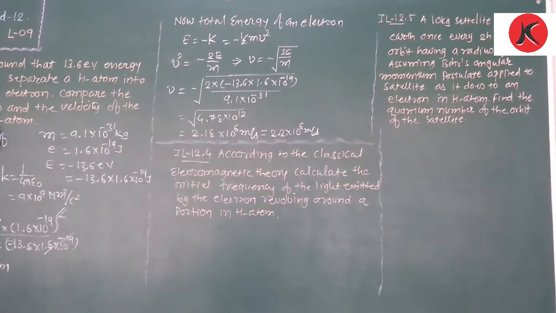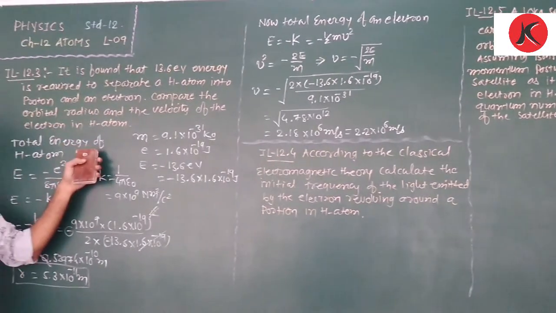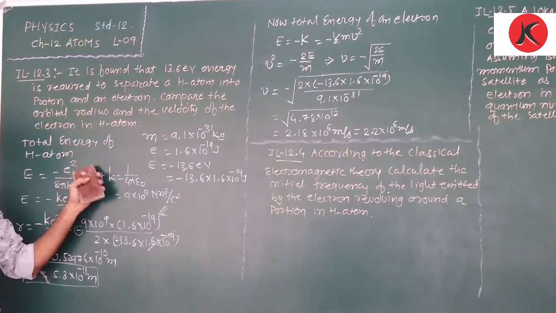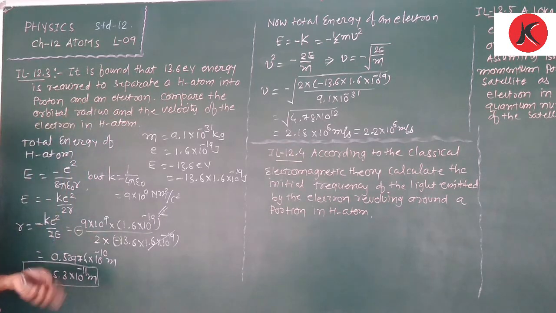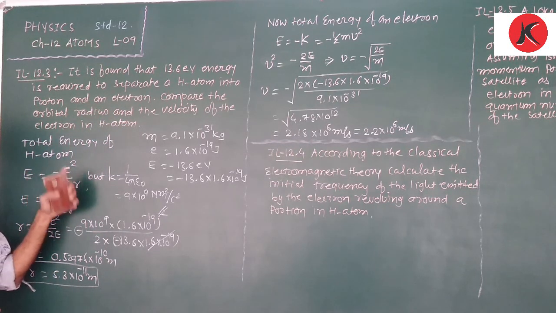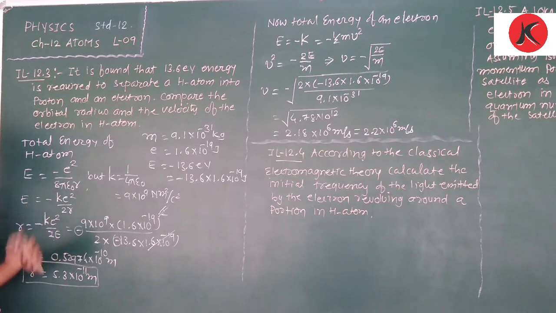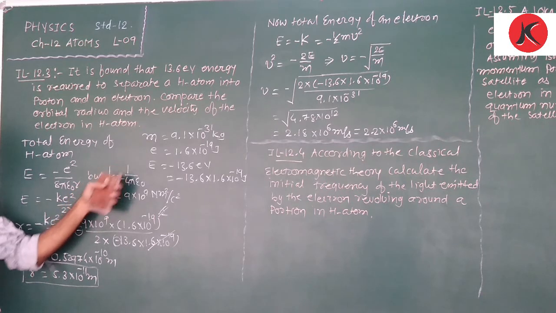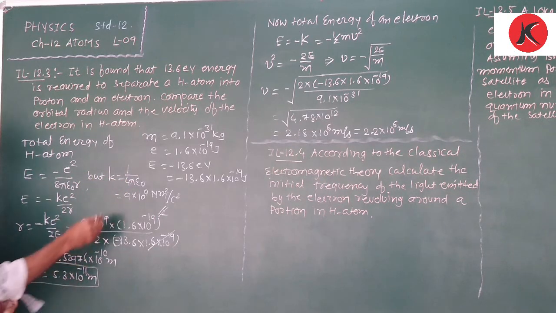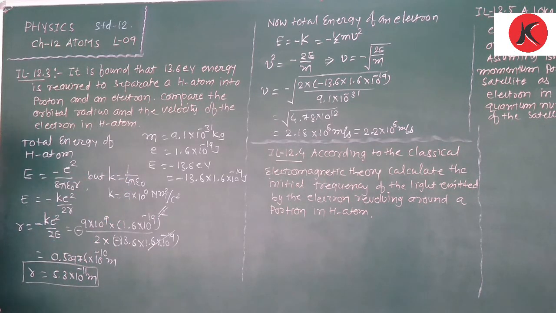Again, here the total energy of the electron is given in the hydrogen atom to separate the electron and proton. Therefore, the total energy is minus e square upon 8 pi epsilon 0 r. We know that Coulomb's constant K is equal to 1 upon 4 pi epsilon 0, its value is 9 into 10 raised to 9 Newton meter square per Coulomb square. Substitute here, therefore the equation becomes E is equal to minus K e square upon 2r.